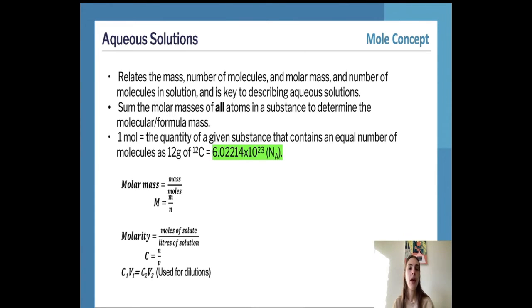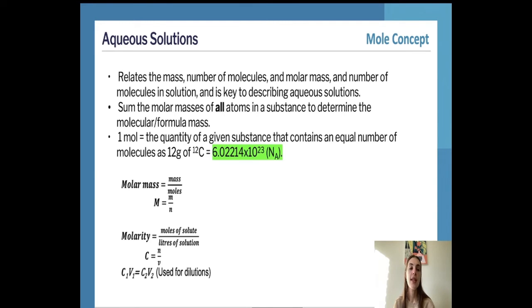And so carbon-12 has 6.02214 times 10 to the power of 23 molecules we consider. And so that's talking about relating back almost to Avogadro's number. And so it's the quantity of any given substance that's going to contain an equal number of molecules as that 12 grams of that particular carbon-12.